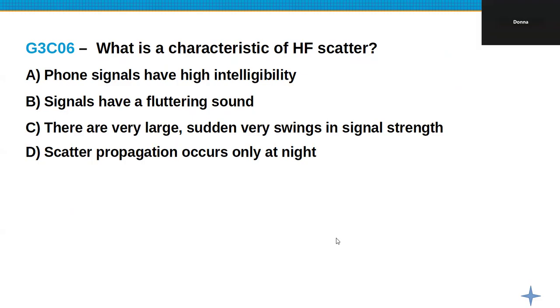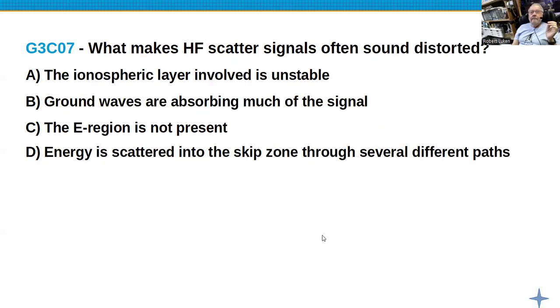That fluttering. Bravo. What makes HF scatter signals often sound distorted? Delta, like multipath.